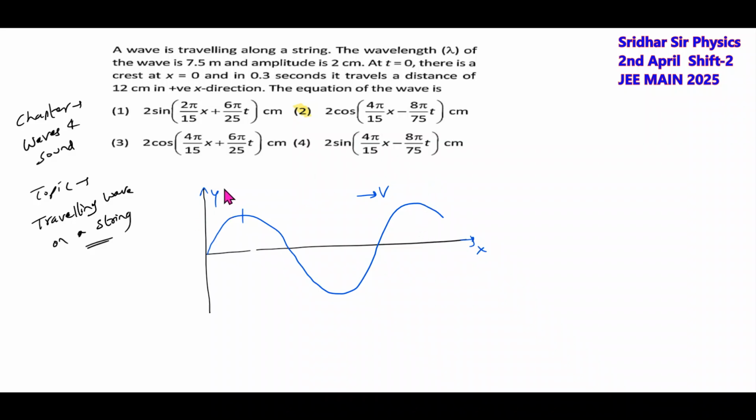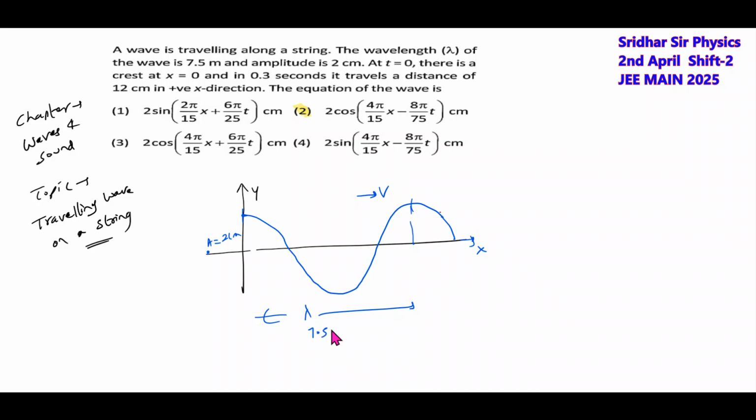At x equals 0 there is a crest. There's a crest, and what is the condition given? This will be the wavelength, the distance between two crests, and the amplitude given is 2 centimeter.